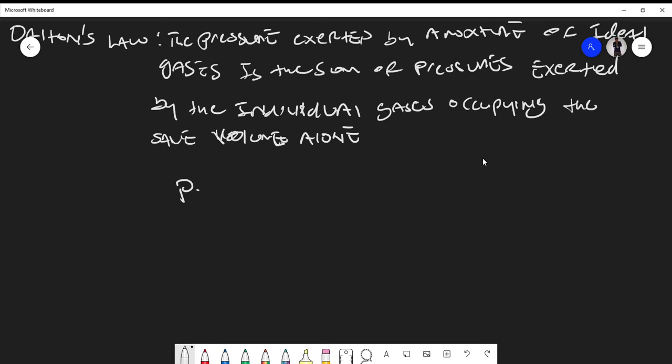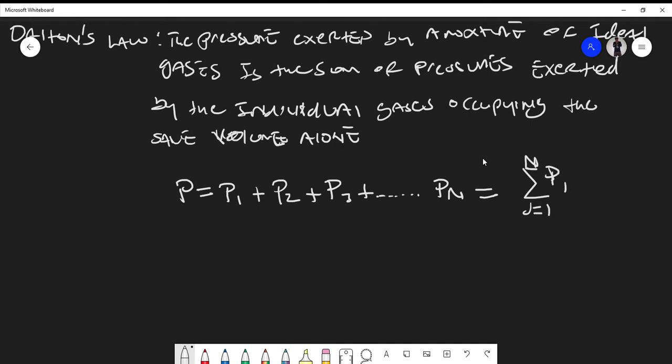What we're saying is that P is equal to P1 plus P2 plus P3 plus a sum all the way up to Pn, right? And if we put on our statistic head, we could write this as a summation where the top is n and we go from some arbitrary j equal to 1, and we have the sum of Pj. That's how we could simplify Dalton's law with a summation.